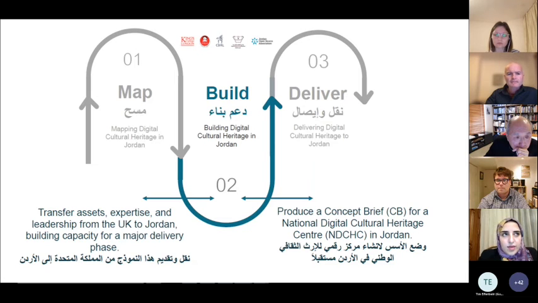And luckily, with COVID-19 we had some funding, and we managed to transfer the content from the UK to Hashemite University in Jordan. It's supposed to be on the university website in the upcoming months, soon inshallah. Then we have to deliver the digital cultural heritage to Jordan through producing a concept brief for a national digital cultural heritage center in Jordan.